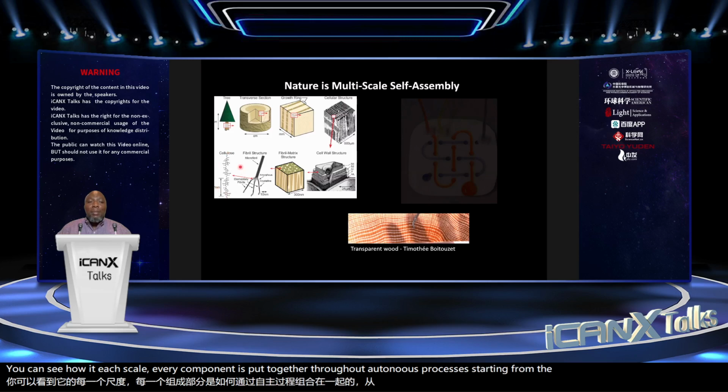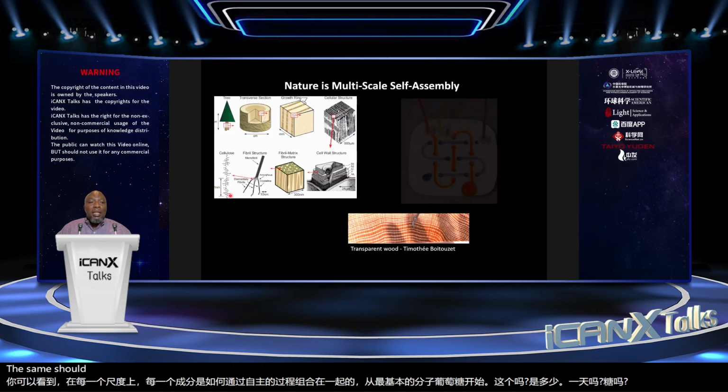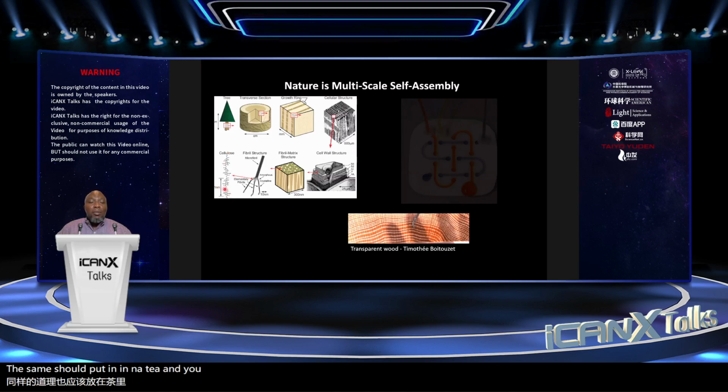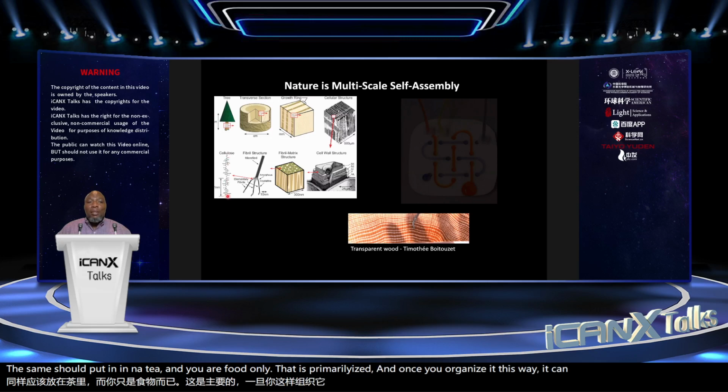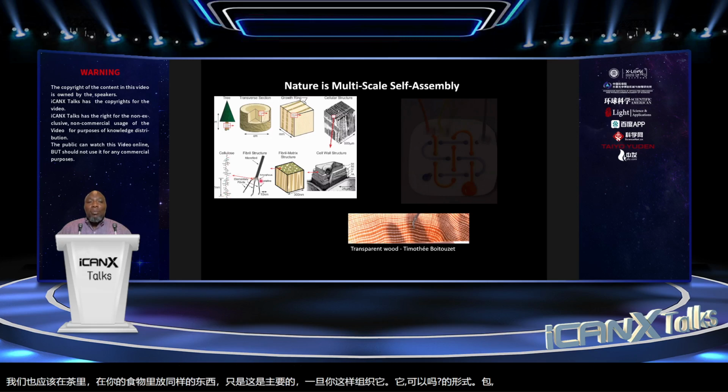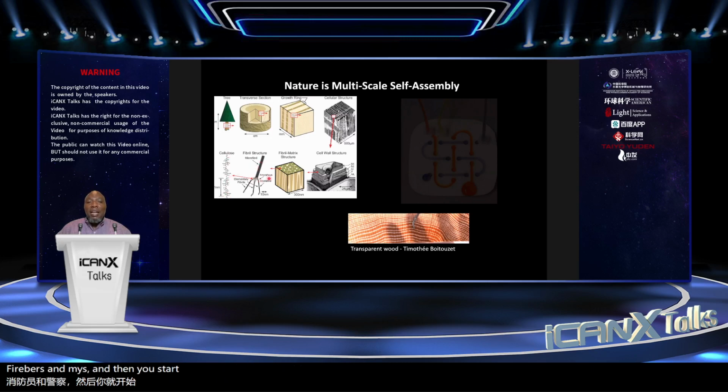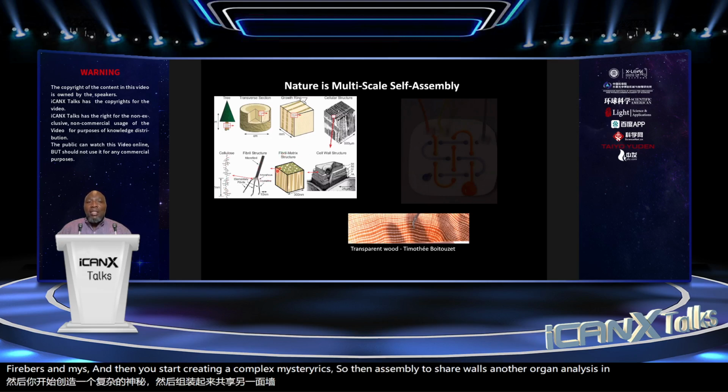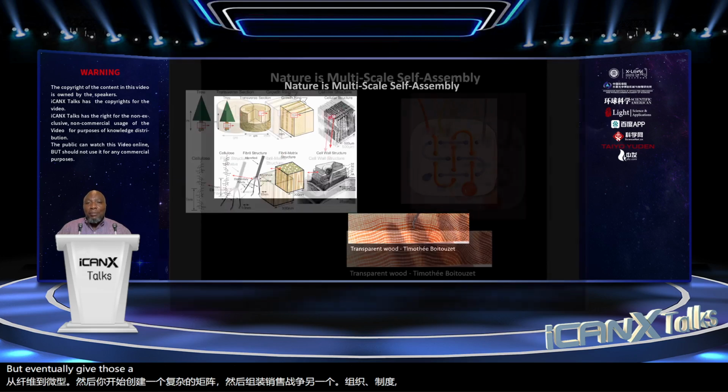Starting from the fundamental molecule, glucose, this is a D sugar, the same sugar we put in our tea and in our food, only that it's polymerized. Once you organize it this way, it can form bundles, fibers and microfibers, and then you start creating complex matrices that assemble into cell walls and other organelles in the system that eventually give us a tree.